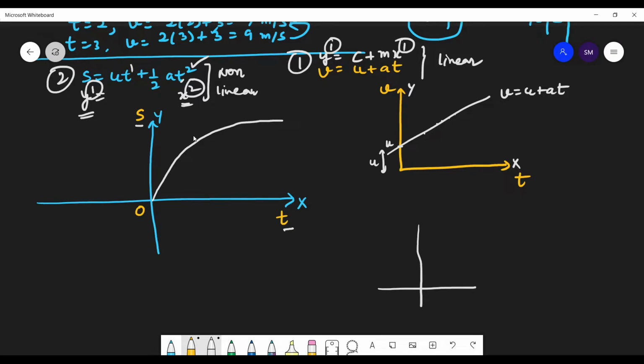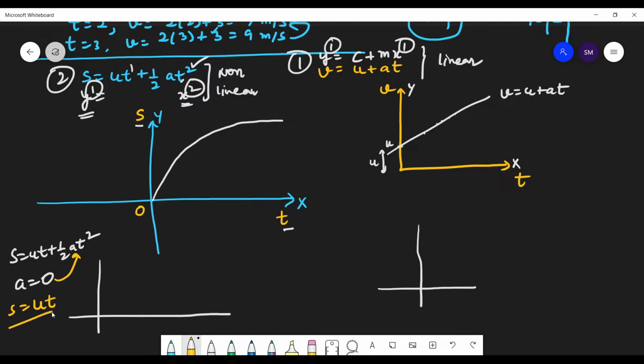As a special case, S is equal to ut plus half at square, and I take a equal to 0 now. So this equation will reduce to, put a equal to 0 here. What will I get? S is equal to u. So what will be the graph this time? Linear. Yes. Now the maximum power remains 1. So now the graph will be, and what will be the y-intercept here?